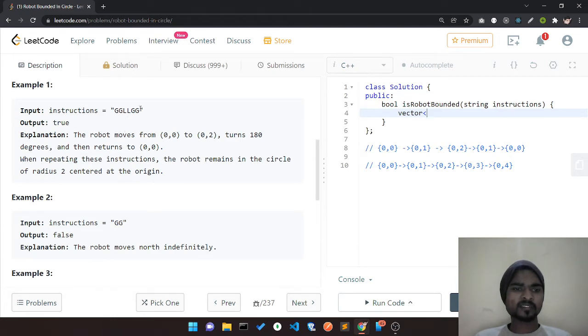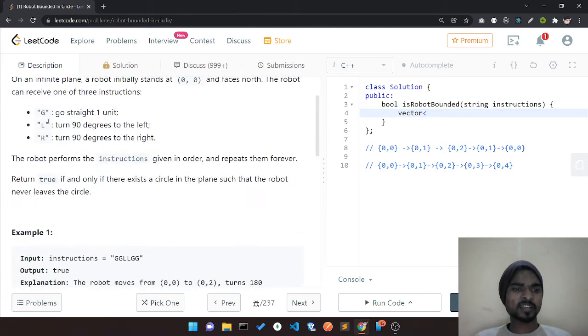Because left and right are two instructions, L and R, and they only change the direction, I have to make sure it's possible to turn the robot according to the given instruction.